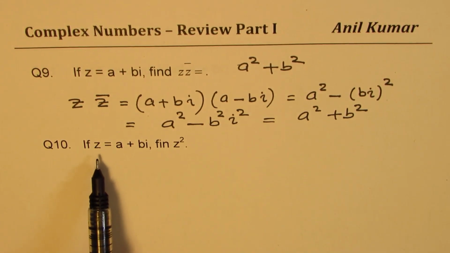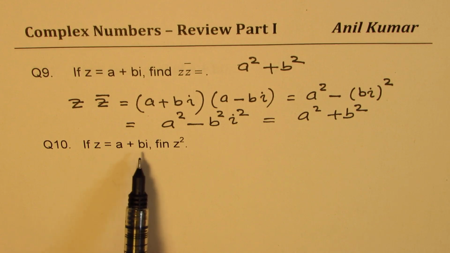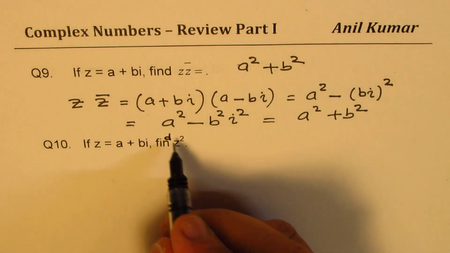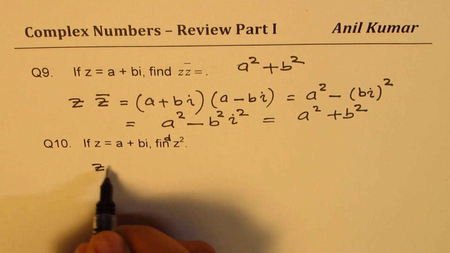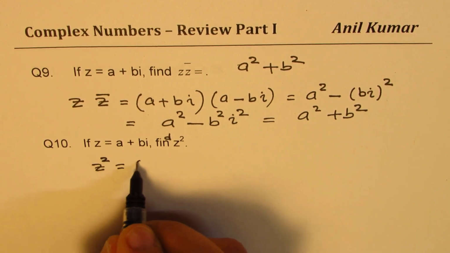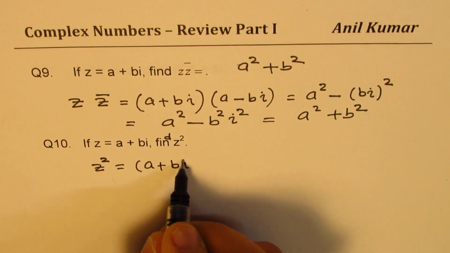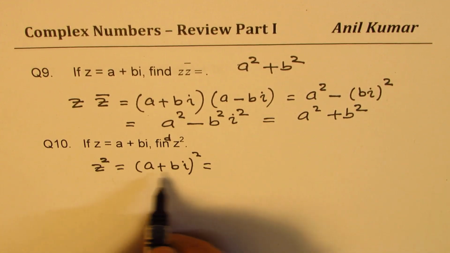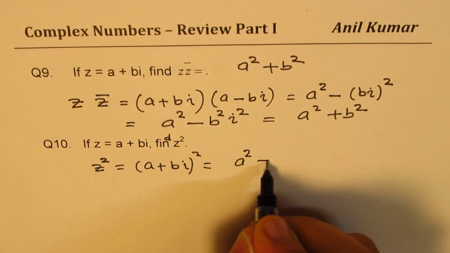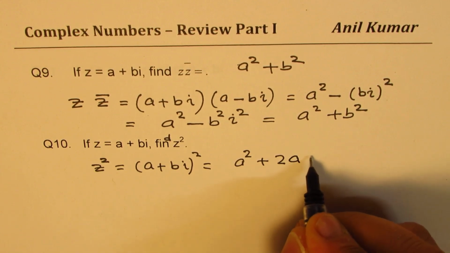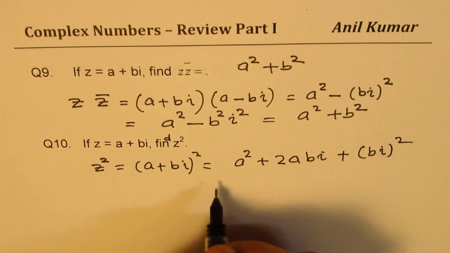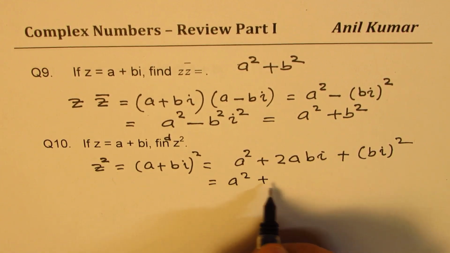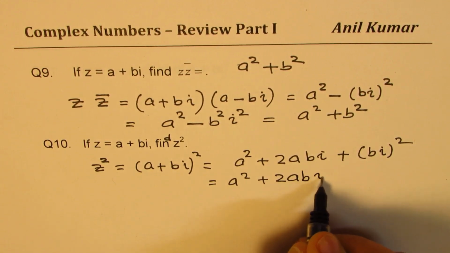Now here we have complex number z equals a plus bi. We need to find what is z square. So let's find the square of a plus bi, right? So we have a plus bi whole square. You can multiply them. So get a square plus 2 times a times bi plus bi whole square. So we get a square plus 2abi.